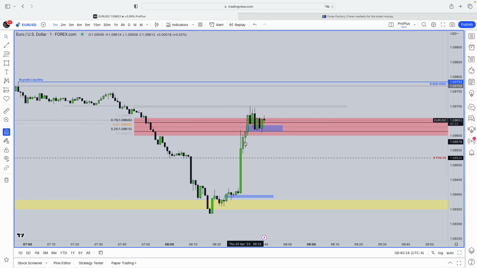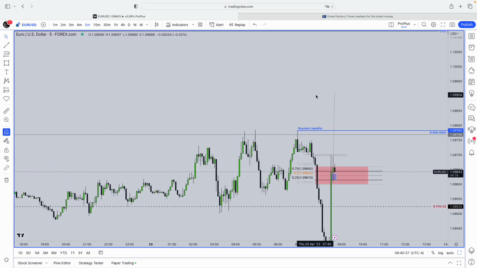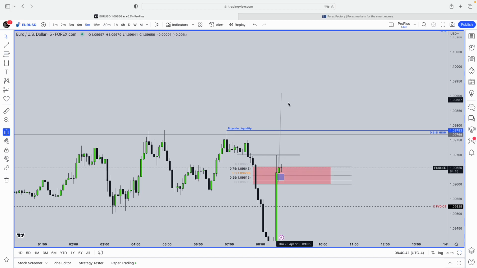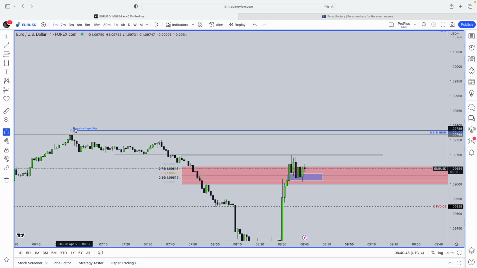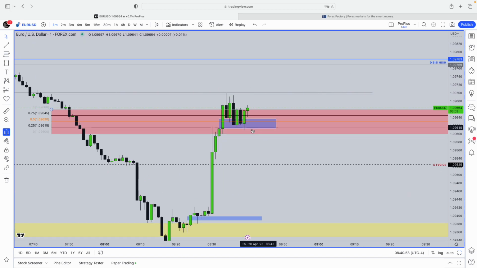So let's say it wants to have the same push, maybe from there to there. So potentially expect, if you wanted to hold the trade, another push from around this. But I'd be happy taking out this buy side here. I'll be happy with this anyway, taking it from a discount to a premium.